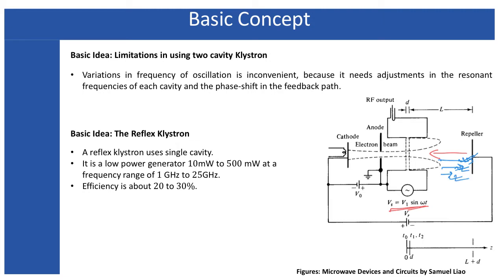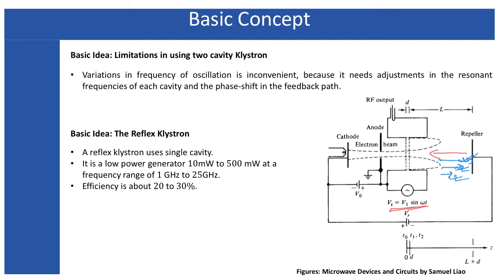The first one penetrates a bit deeper towards the repeller end. The second enters comparatively less, and the third one, corresponding to the decelerated electrons, enters the least distance towards the repeller end, and all of these electrons get repelled back and finally reach the first cavity.